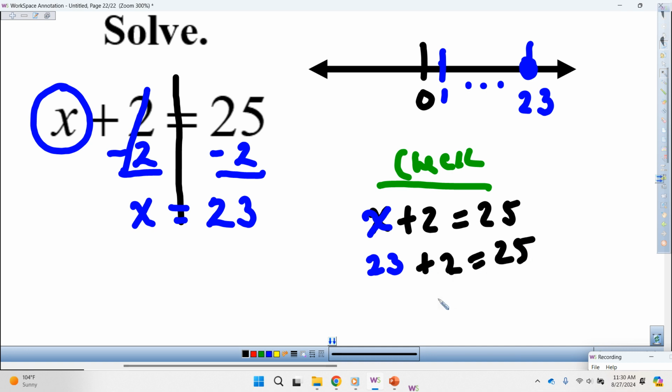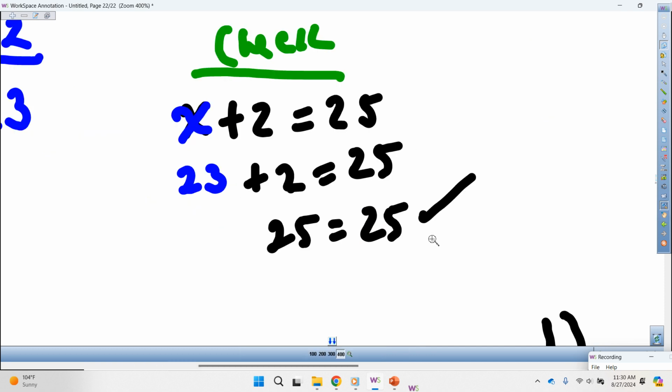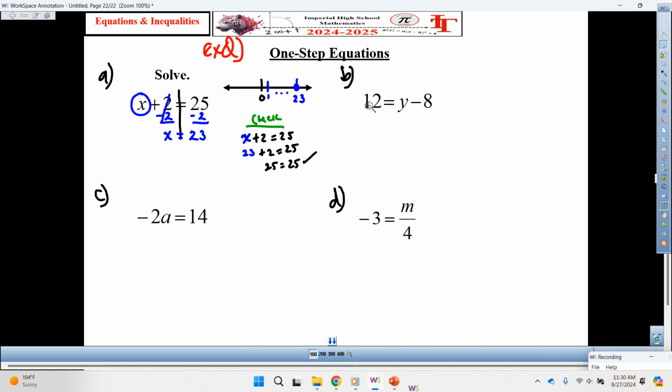Is 25 equal to 25? Yes. All right. Let me zoom out. Do that same process for letter B, this one. Go.